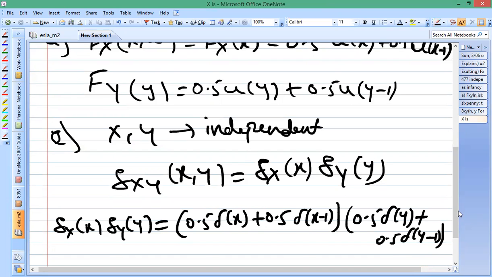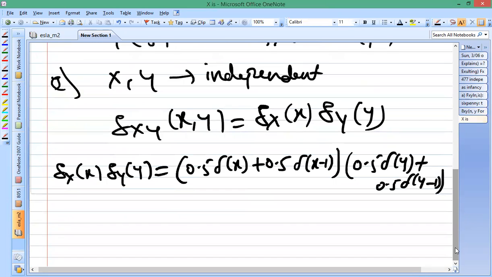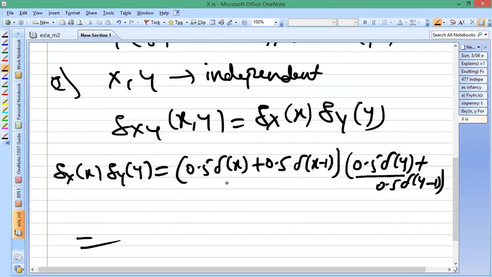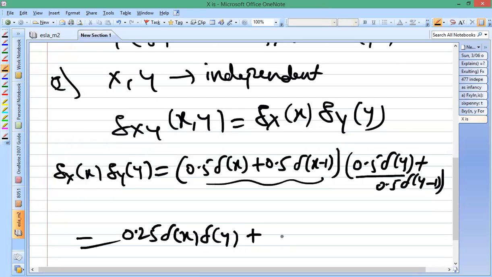When you multiply this 0.5 delta of y with the whole term, it results in 0.25 delta of x into delta of y plus 0.25 delta of x minus 1 delta of y. This is for the first part.